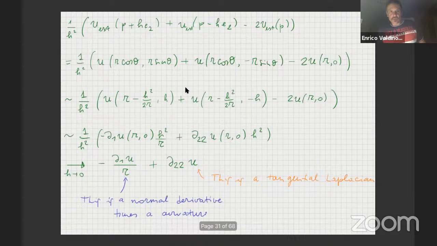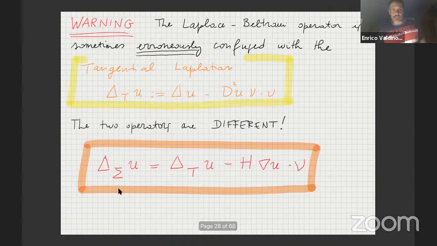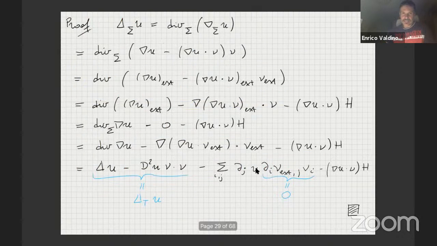As a byproduct of this formula, of the relation between the Laplace-Beltrami and the tangential Laplacian, we get the classical formula of the Laplacian in spherical coordinates. Let me stress that this term here, h times the normal derivative, is essential.